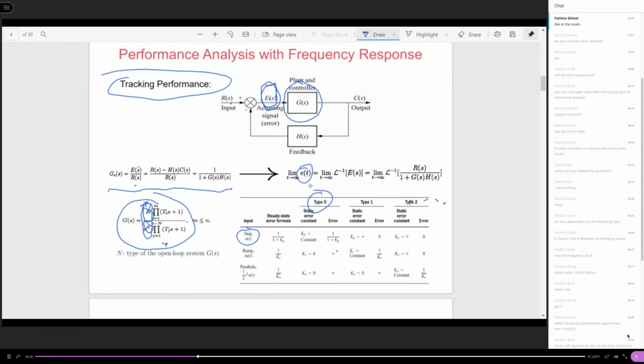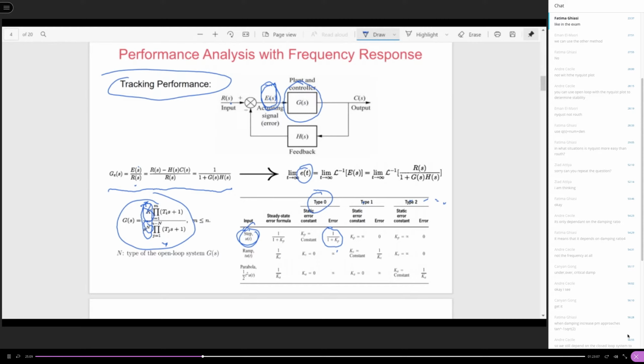If you have a type 0 system, which means you don't have any integrator, it can only reasonably track a unit step signal with an error. In this case, the error is 1 over 1 plus Kp, where Kp is equal to K. So the type 0 system can track a step signal, not perfectly, but with a bounded error.